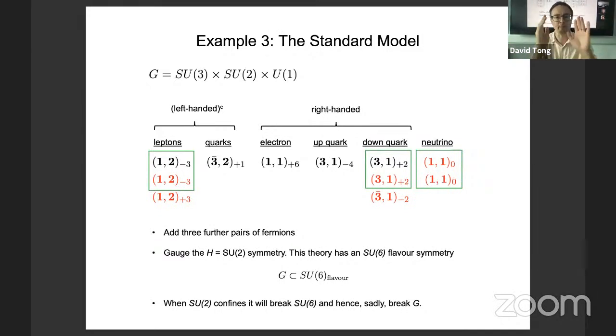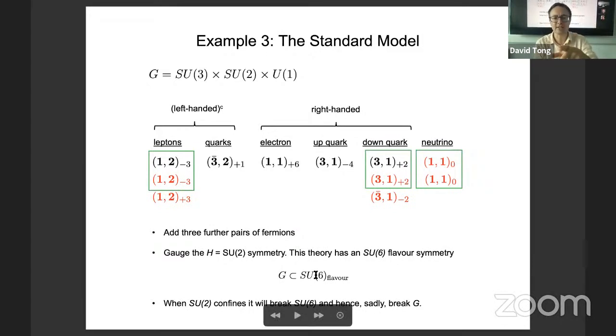Before I think about the standard model gauge group, this SU2 gauge theory had an SU6 flavor symmetry rotating these 6 Weyl fermions. And the gauge group G of the standard model is embedded within this SU6 flavor. So if this is going to fly, I need to find a way to make SU2 confine without breaking this SU6 flavor.